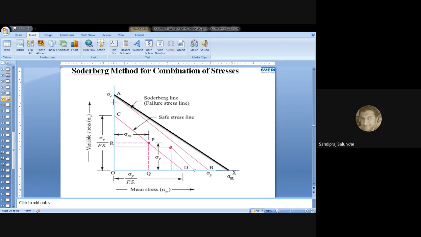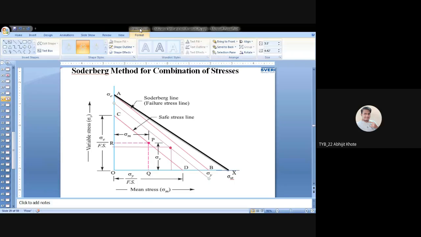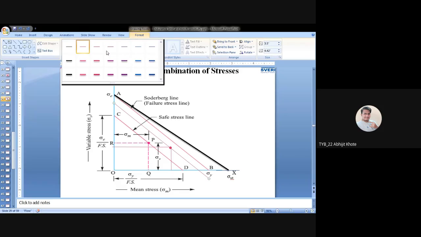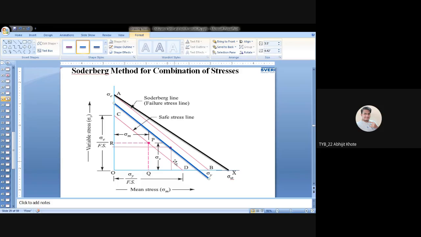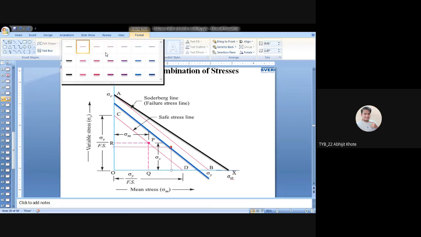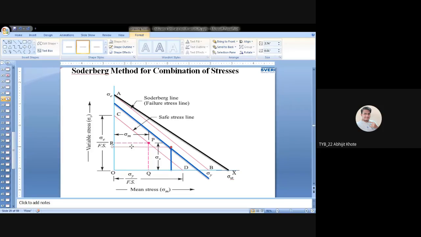I will go it once again. आता ही रेज, I'll change the color. Okay. आपण change करतो.